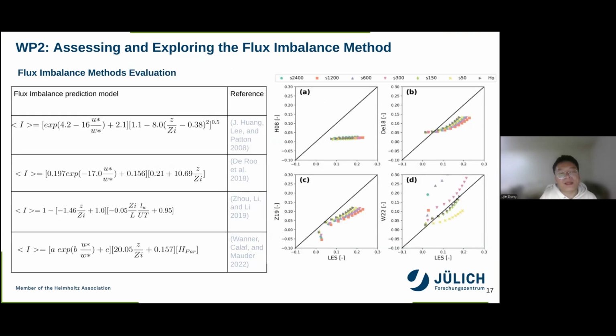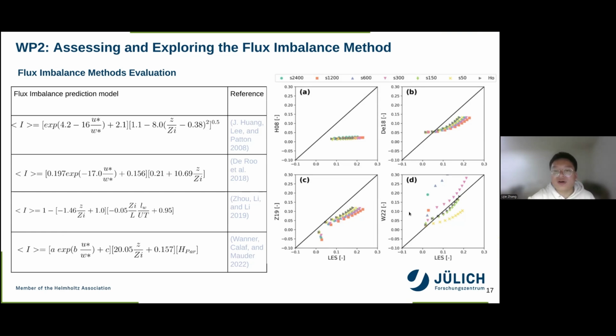We selected four flux imbalance prediction models because, based on the literature, these flux imbalance models can be quantified with some simple empirical equations. We selected four of them and made comparisons with our data set.